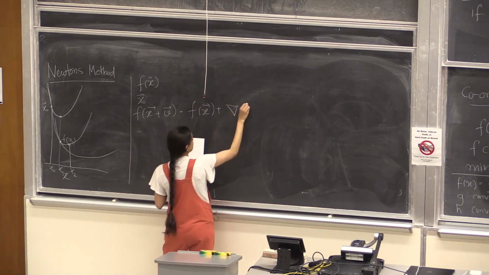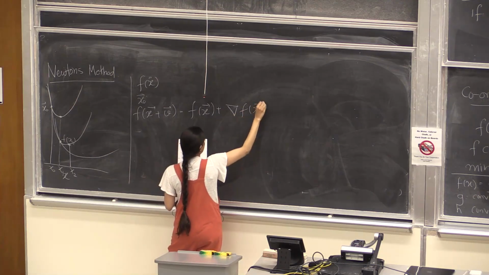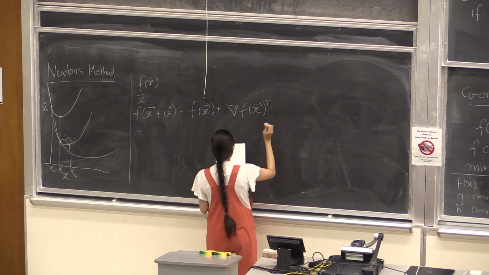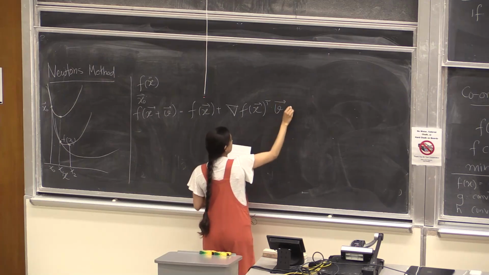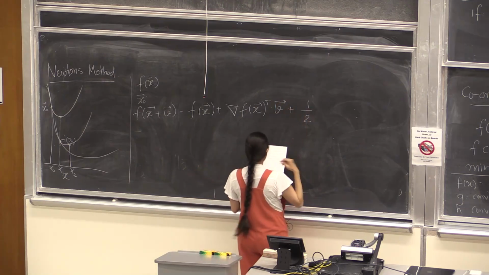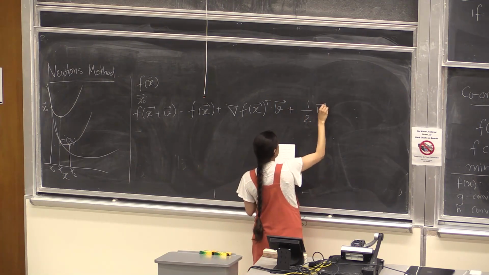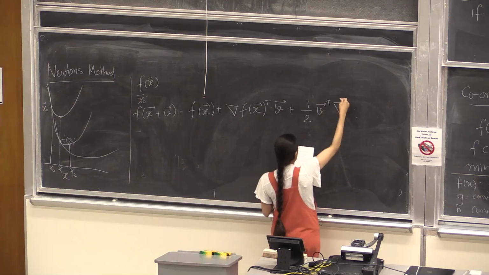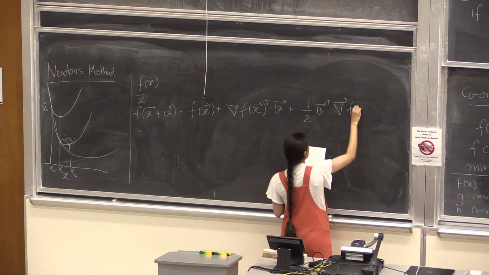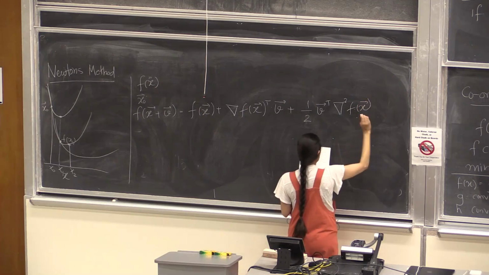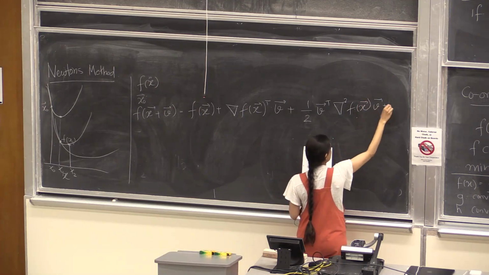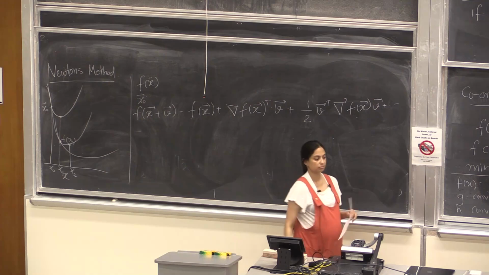plus gradient of f of x transpose times v plus 1/2 v transpose. Now I get the Hessian. Okay?